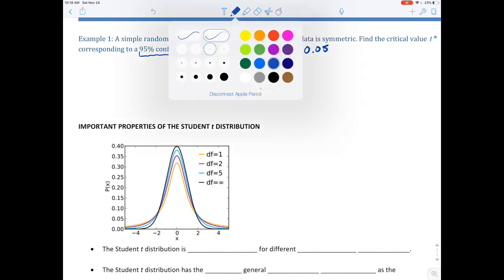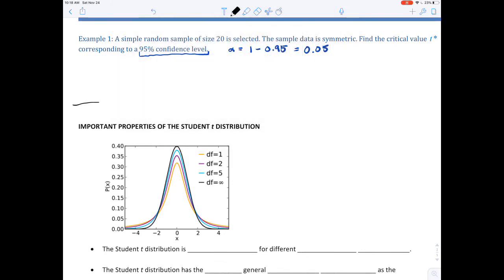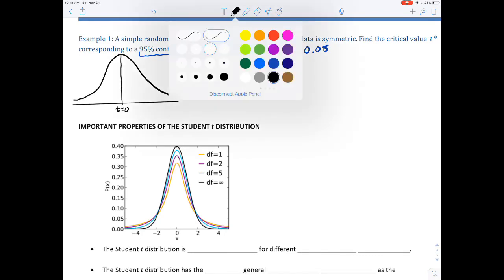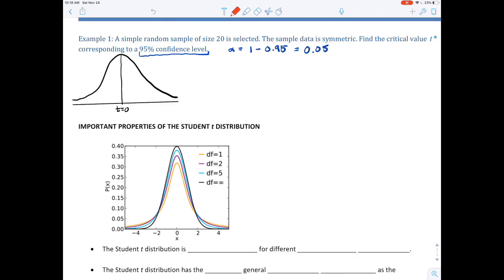So basically, we're looking here at our t-distribution. And remember, it's going to have a wider tail somewhat. And you've got this symmetry, and so your mean is going to be t equals 0. Now we'll go into the technology and check out what would happen. But don't forget that with confidence intervals, you're going to have a bound somewhere in here.